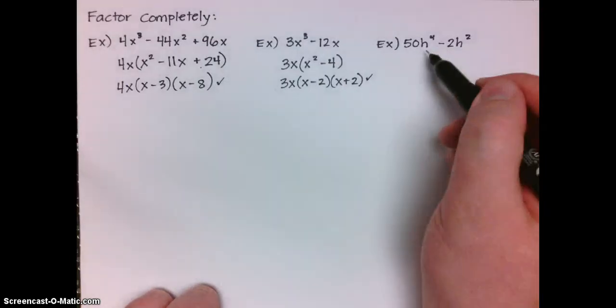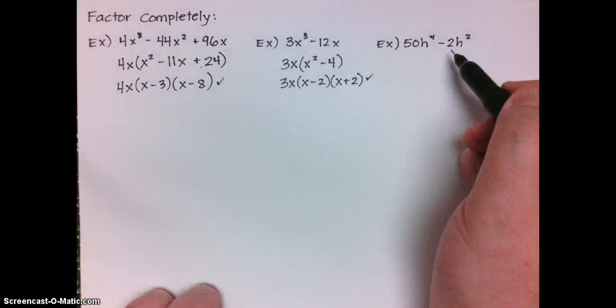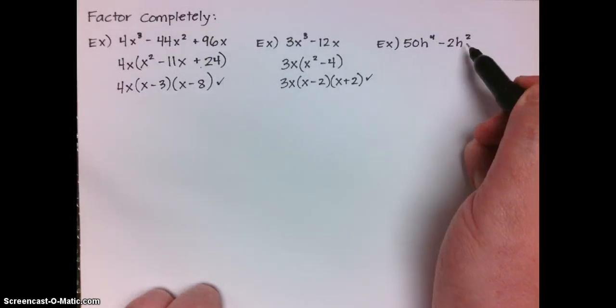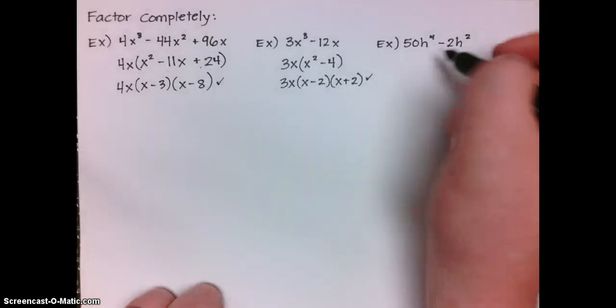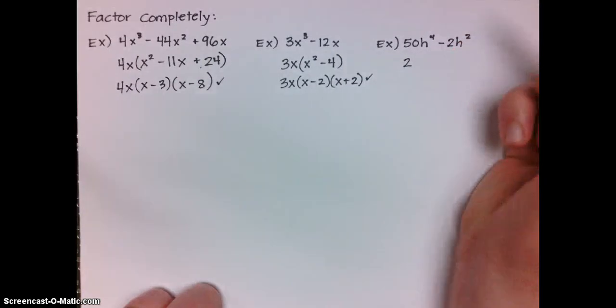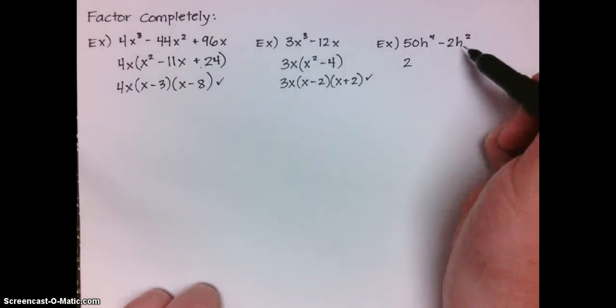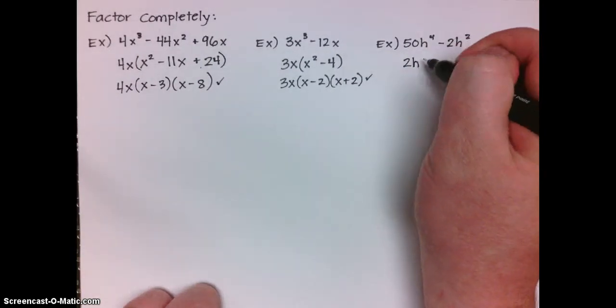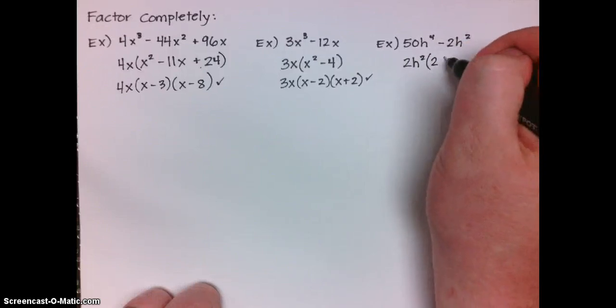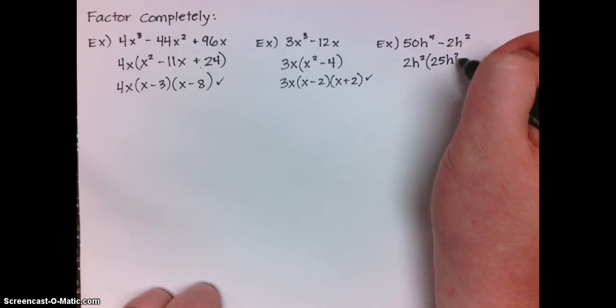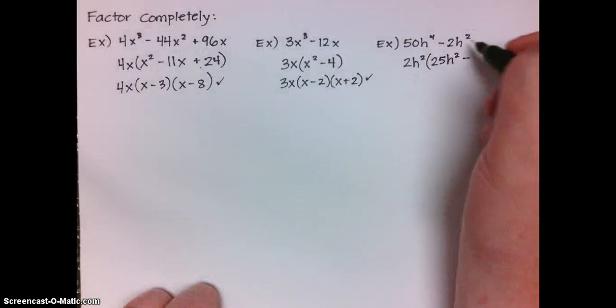Okay, one more here. I have 50h to the 4th power minus 2h squared. Let's look for the greatest common factor. So between 50 and 2, I can pull out a 2. And between h to the 4th power and h squared, I'm going to pull out an h squared. Inside, I'm going to be left with 25h squared minus 1.